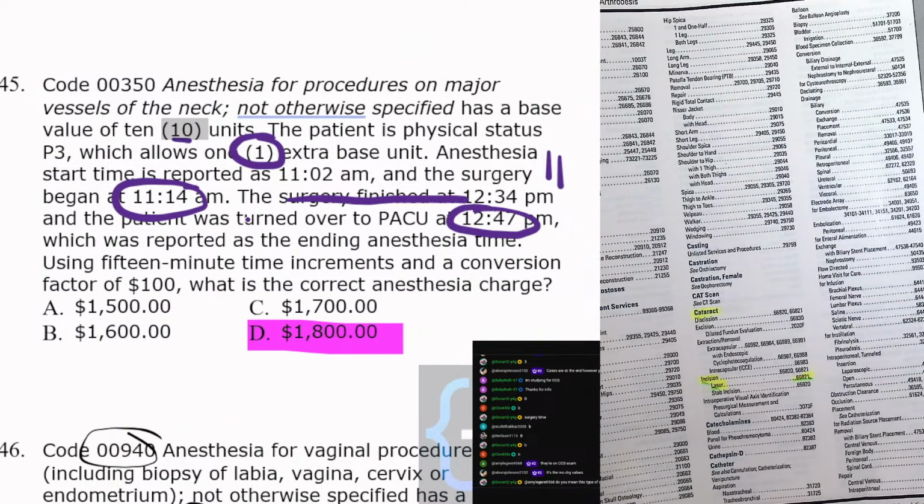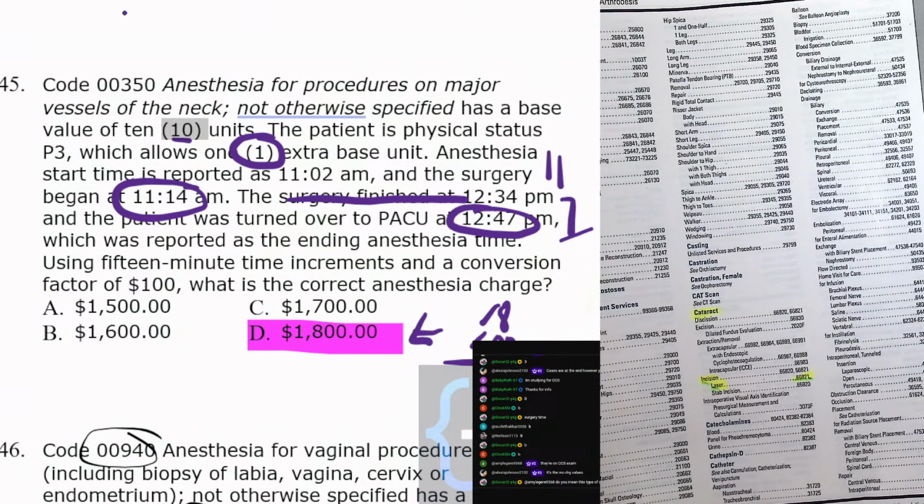So how many minutes do we have? Our anesthesia was an hour and 45 minutes. So that's 4 plus 3 is 7 units again. And then we add that to our 11. 11 plus 7 is our 18. And then 18 times 100 is our 1800.